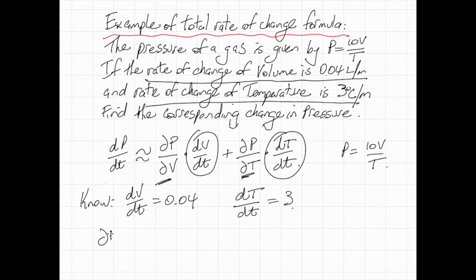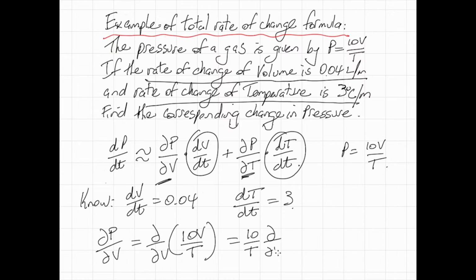The partial derivative of pressure with respect to volume equals the partial derivative with respect to volume of the P function, which is 10V over T. Now, if we're differentiating with respect to V, then T is constant. So 10 over T can come out because both of those are constants. And the derivative with respect to V of V is just 1, so that'll be just equal to 10 on T.